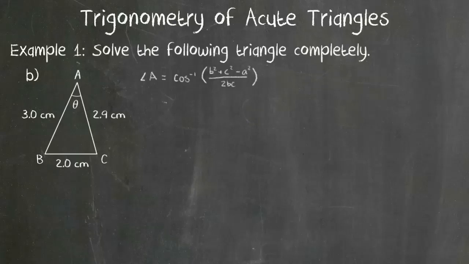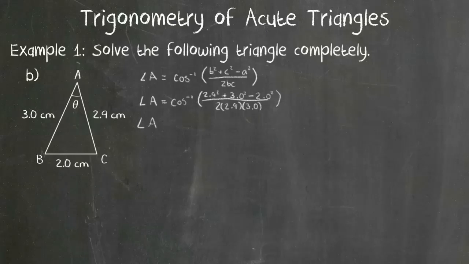My next step, I'm going to sub in the known values, which are all my sides. So angle A is equal to the inverse cosine of 2.9 squared plus 3.0 squared minus 2.0 squared, all of this over 2 times 2.9 times 3.0.